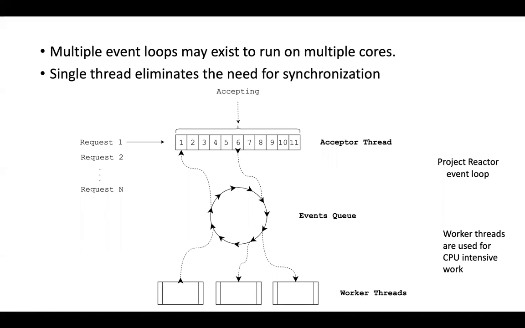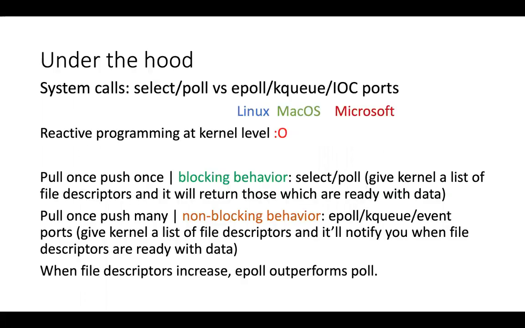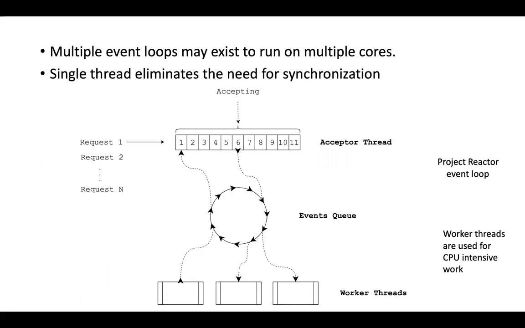And since we are doing everything in one event loop, combined with the non-blocking kernel behavior, that actually increases efficiency a lot because of less CPU usage and also less memory.